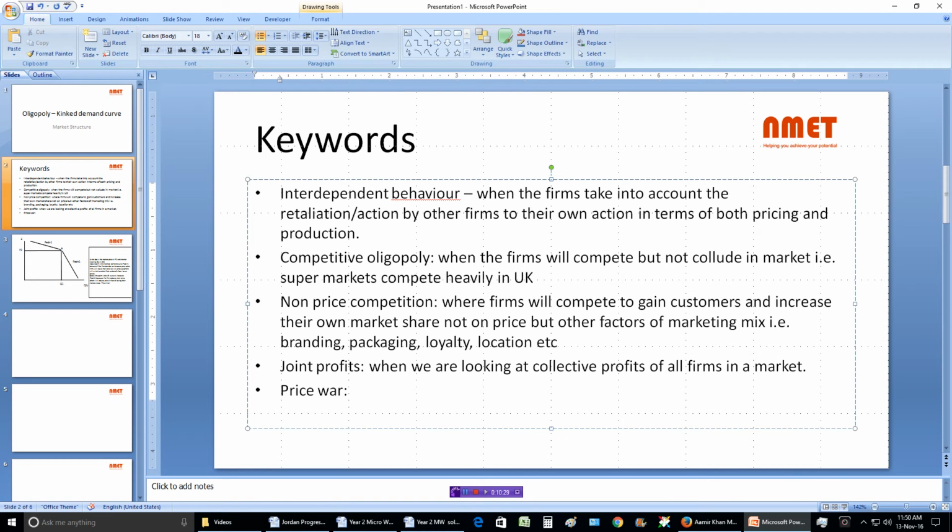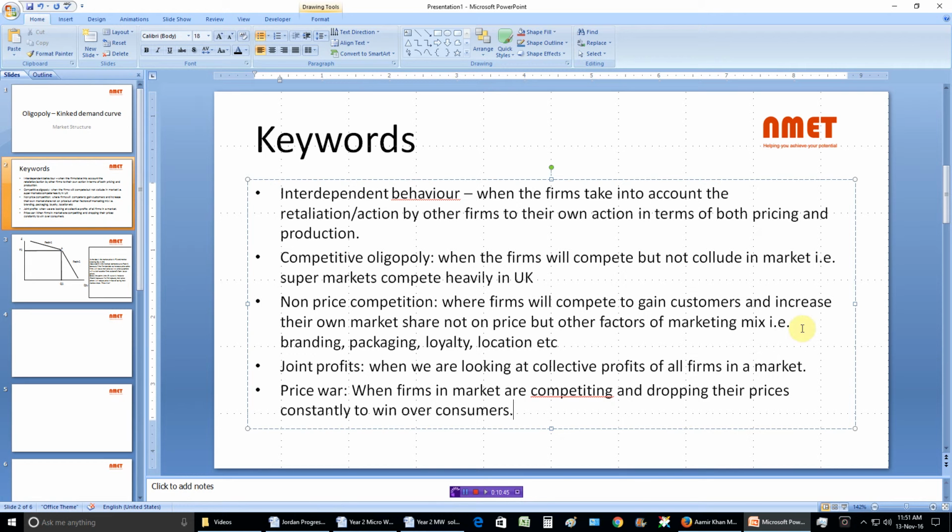So when firms in a market are competing and dropping their prices constantly to win over consumers, who do you think is going to win? The customers in this case, or the firms that are competing?